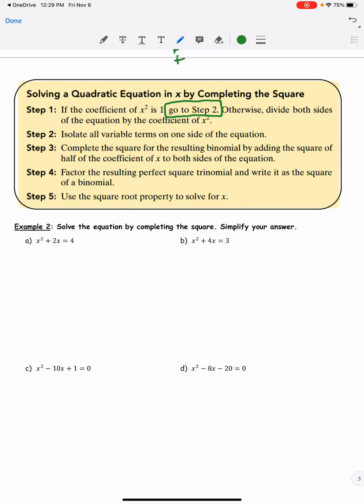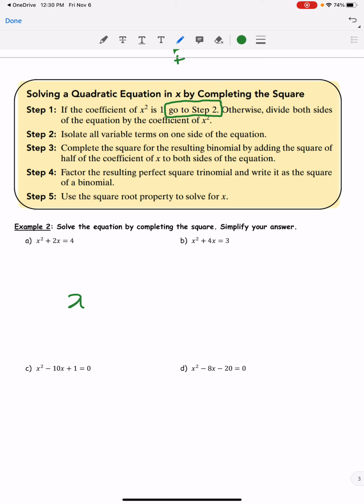So then step 2 is to isolate all variable terms on one side of the equation. Basically, it wants it to look like this. When we're factoring, or doing the quadratic formula, we always want ax squared plus bx plus c equals 0, right? We want everything on one side, nothing on the other side.